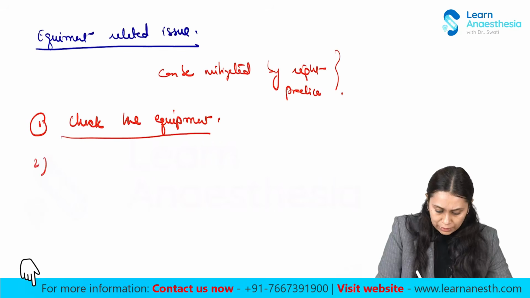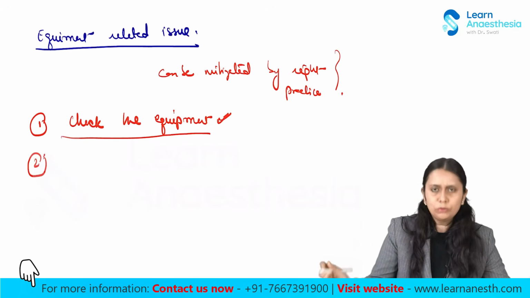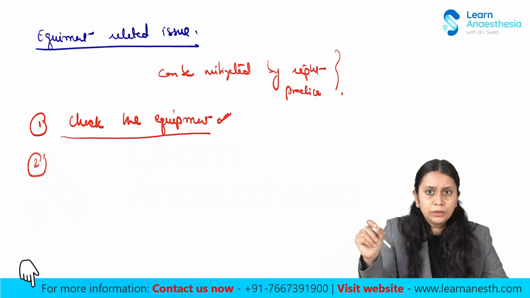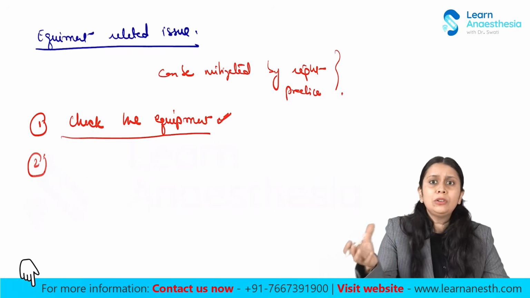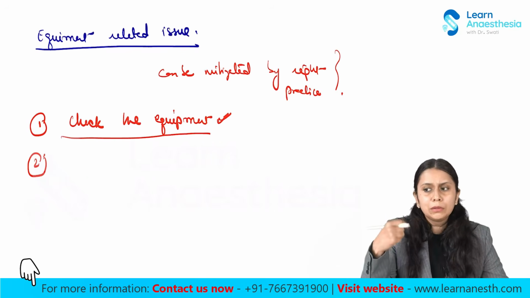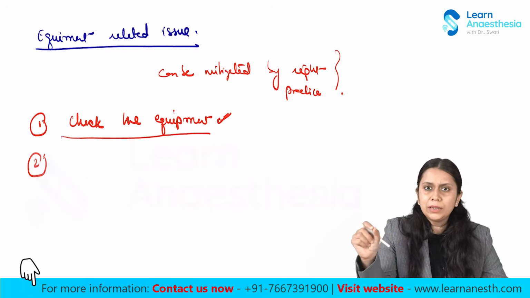Number two, let's say I have checked the equipment, and the lumen of the spinal needle is fine. Normally the lumen gets blocked when we are attempting the procedure, and the most important reason for blocking is that a number of times we see people, while performing spinal, remove the stylet and manipulate the needle. So try to keep the stylet always inside the needle.